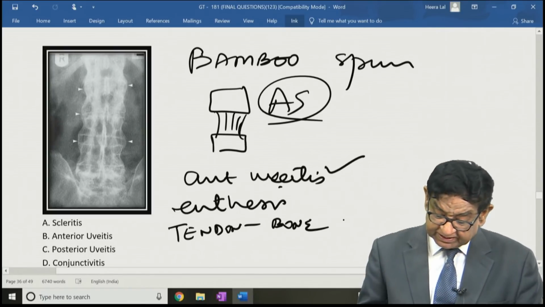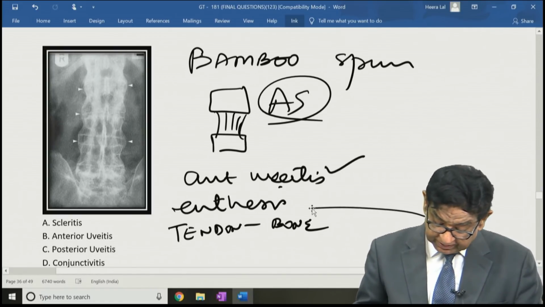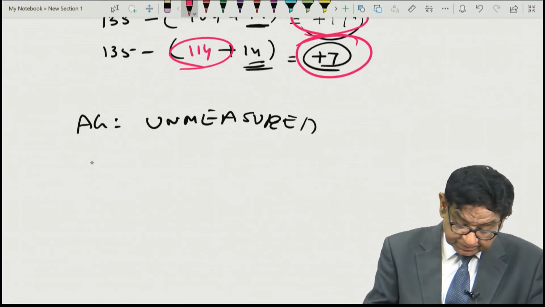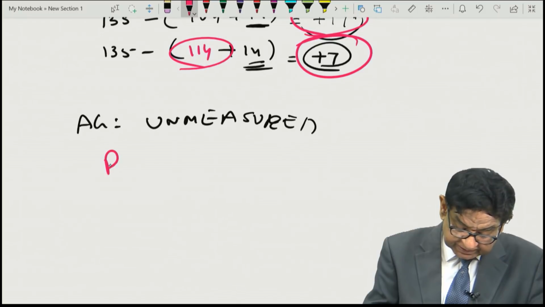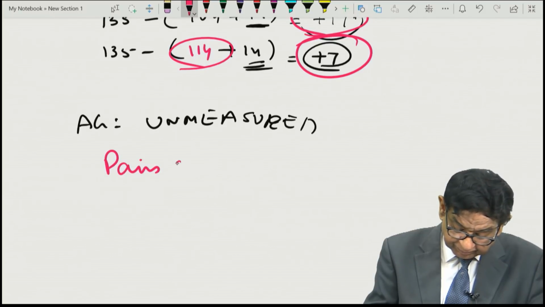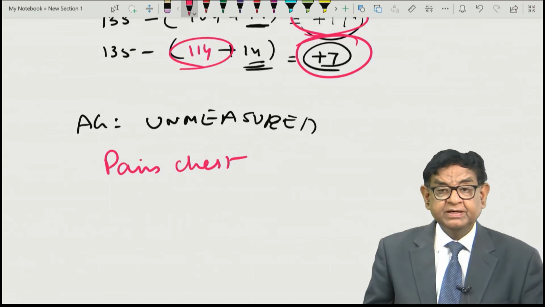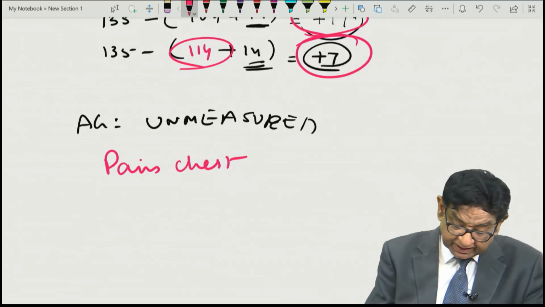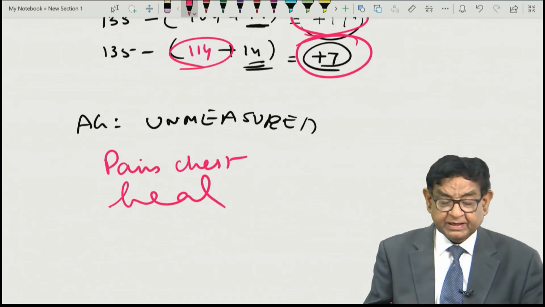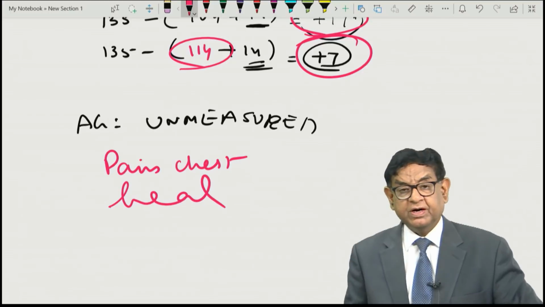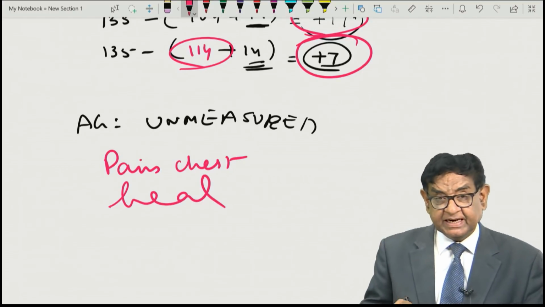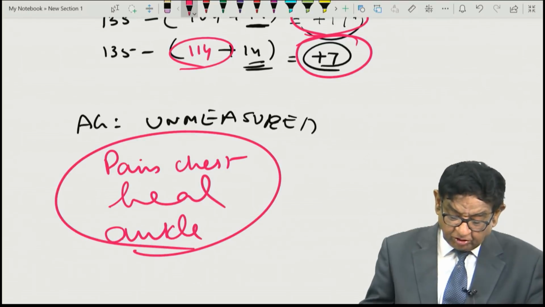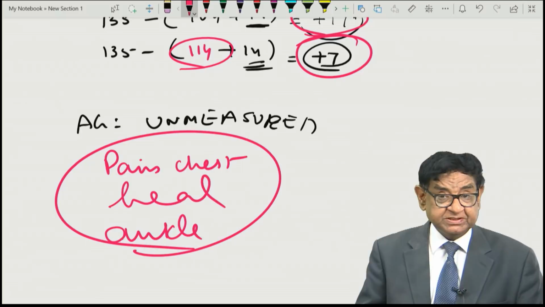And classically, this pain occurs in costochondritis. Costochondritis will lead to chest pain. It can lead to plantar fasciitis, can lead to heel pain, and can lead to tendoachilles inflammation, and can lead to ankle pain. All these occur due to enthesitis.